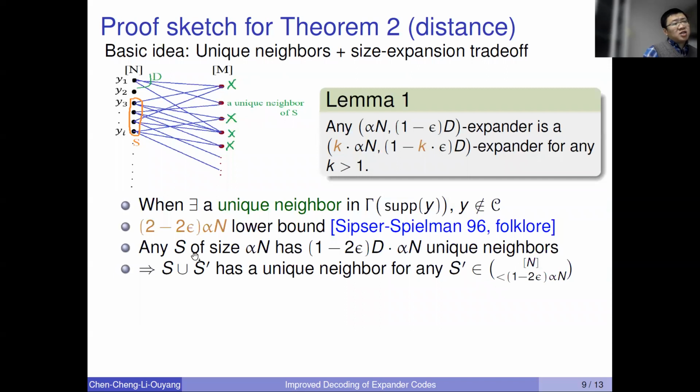So the basic idea is that any subset S of size alpha n has at least 1 minus 2 epsilon times d times alpha n unique neighbors from the expansion property.